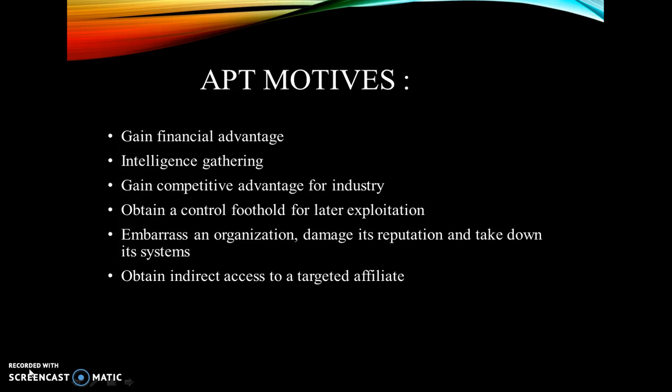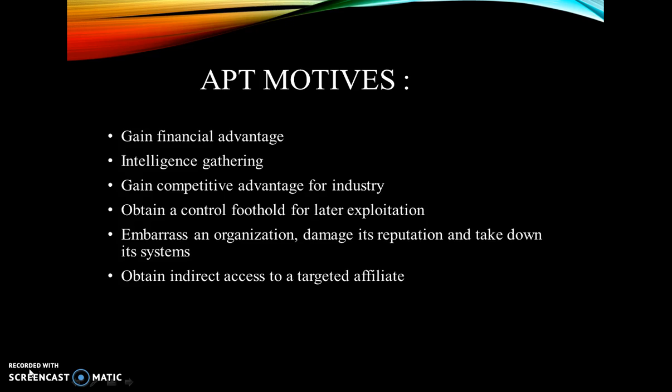What are the basic motives of APT? The motives driving APT actors vary greatly. While organized criminal elements may be after information and access that can lead to financial gain, nation-state sponsored actors may be driven by a desire to obtain intelligence or gain competitive advantage for industry.